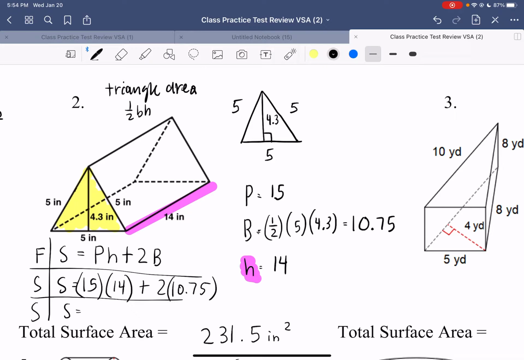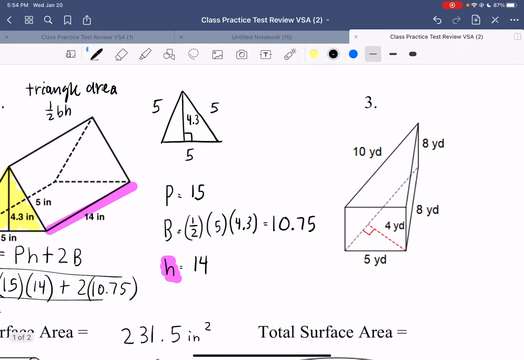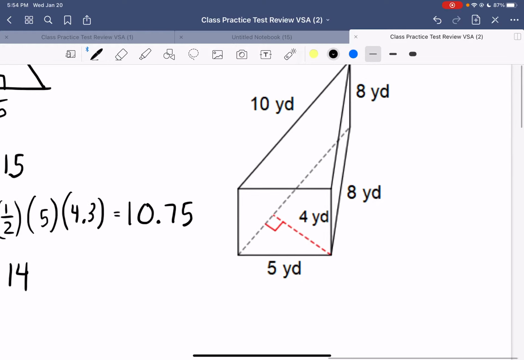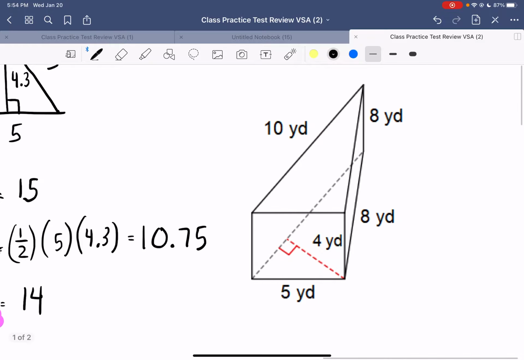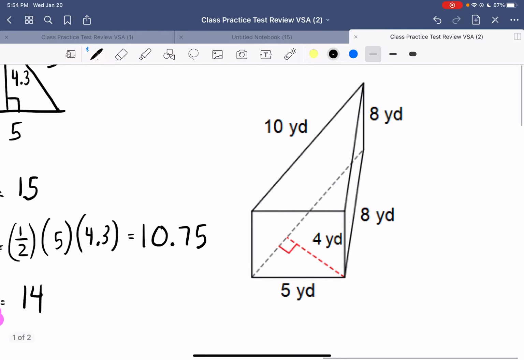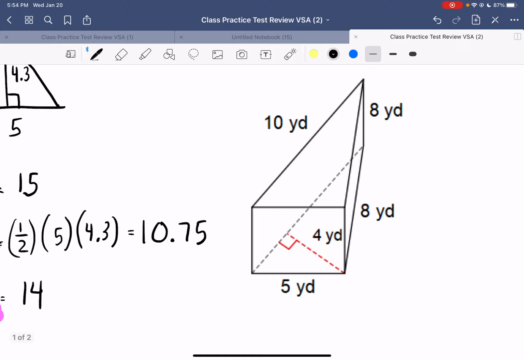All right. So number 3, also finding total surface area. We have formula, substitute, solve.